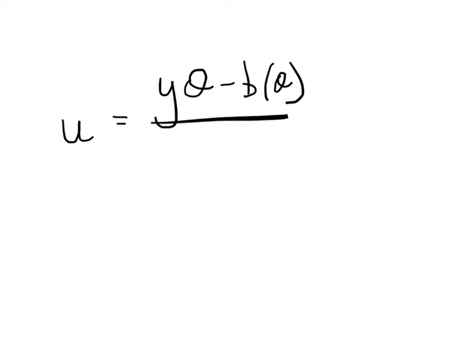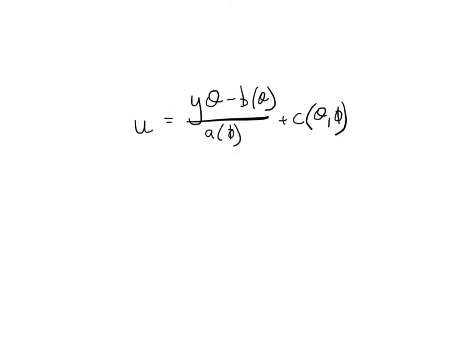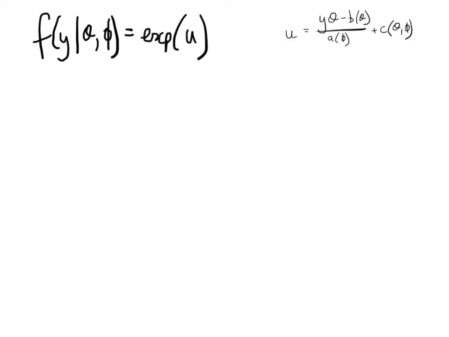Okay, we're going to try another method. If I wrote that u was equal to y theta minus b of theta divided by a of phi plus c of y and phi, you'll see that I can instead now write my exponential family function as f of y given theta and phi is equal to exp of u.